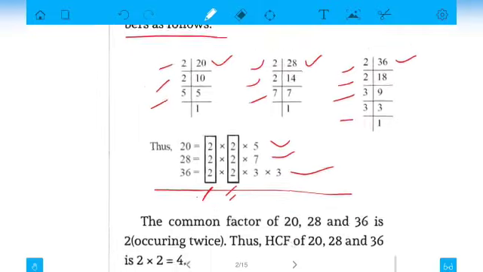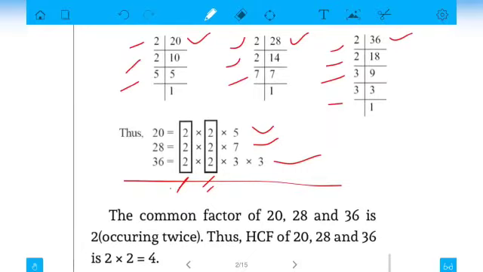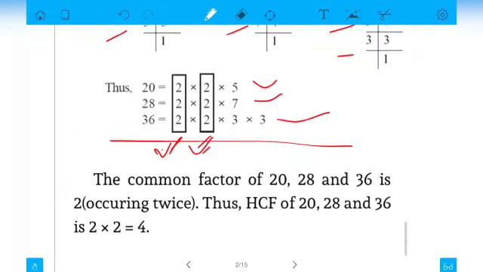Now, as we are finding the highest common factor, when we do this HCF by the prime factorization method, the numbers which are common in all the three numbers we write once, like this 2 one time and this group of 2 one time.